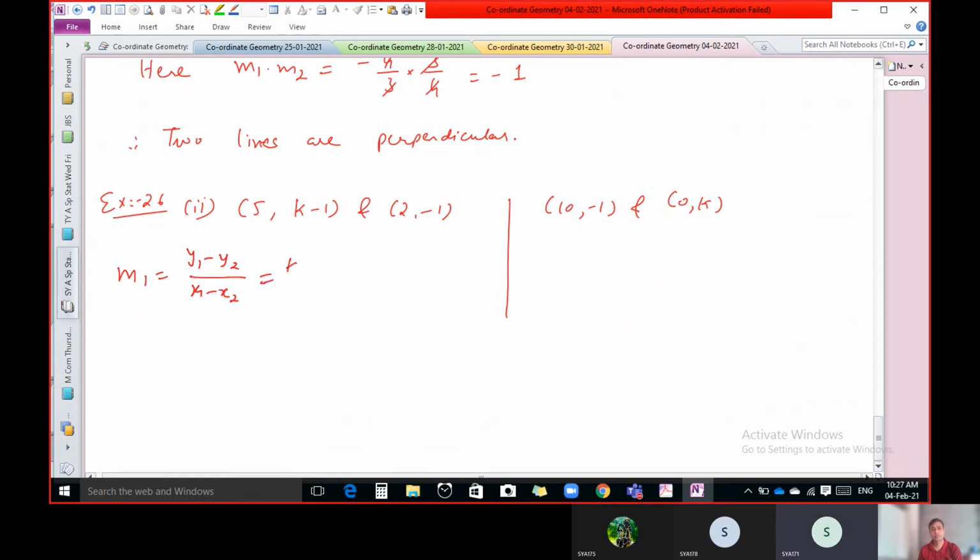k minus minus 1 upon 5 minus 2. k plus 1 upon 3. Okay, here m2 equal to, tell me directly, minus 1 minus k upon 10 minus 0.